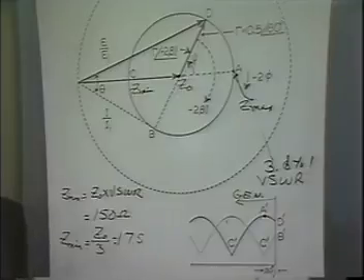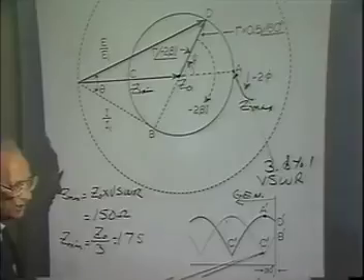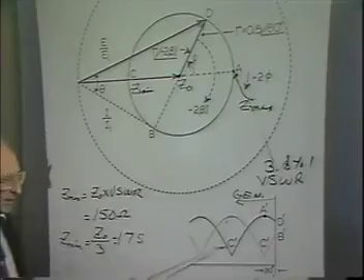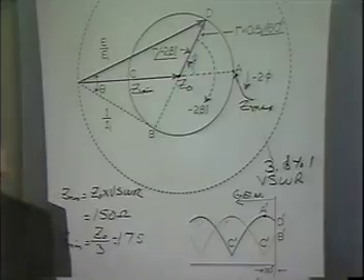The reflected current's not in phase, is it? No, because if the voltage went up, what did the current do? It went down. If the voltage went up, the current went down to its minimum value. Over here, when the voltage went down, the current went up to its maximum value.